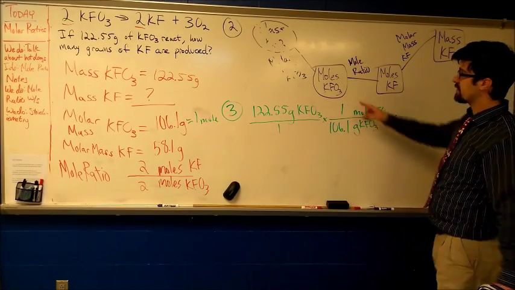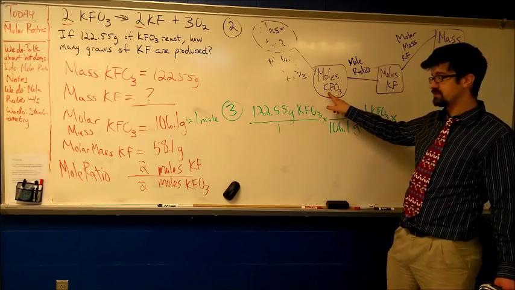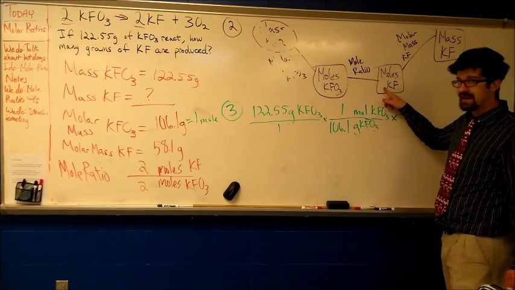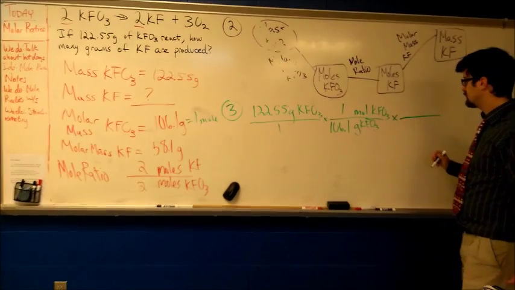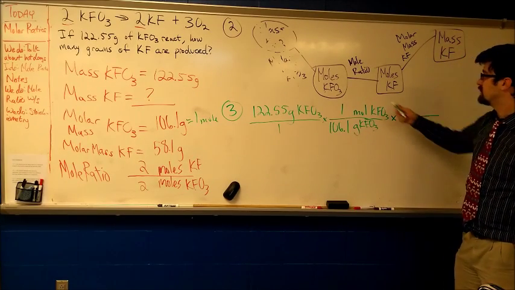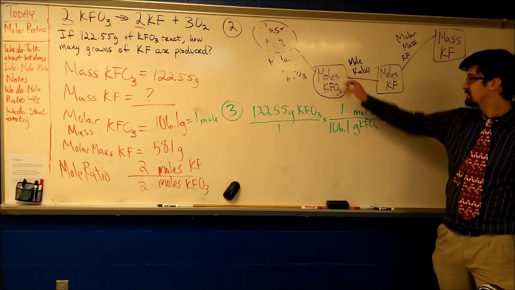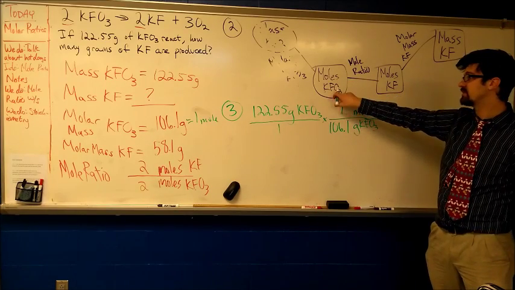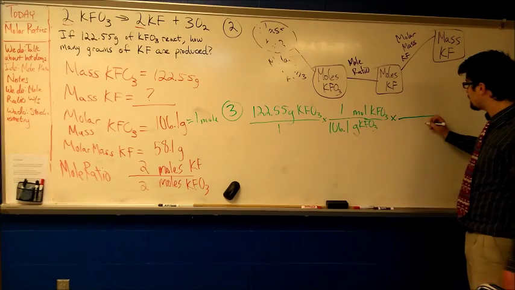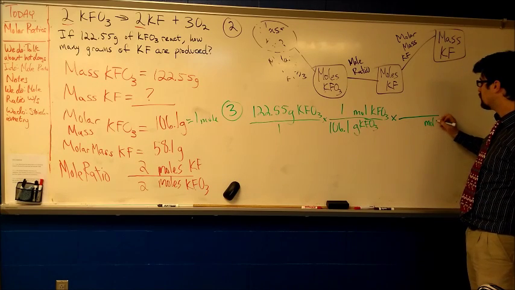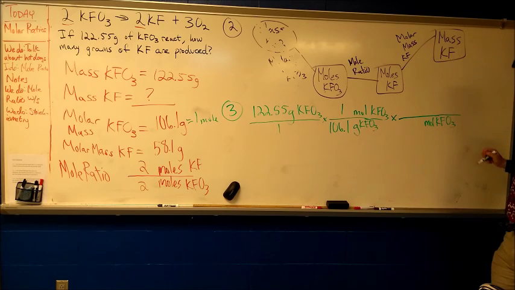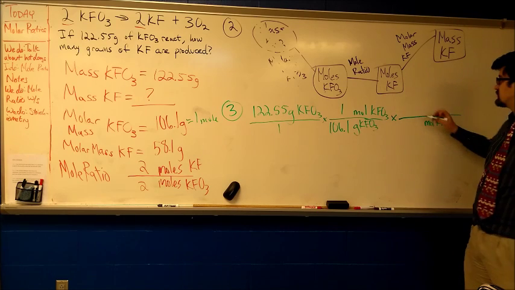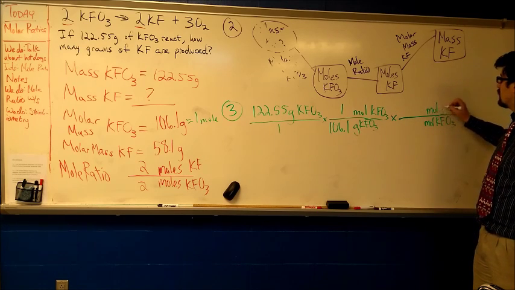Next, we have to go from moles of KFO3 to moles of KF. So we'll do another conversion. We've now moved to moles of KFO3, so we're going to put that on the bottom. That's where we're at now. Moles of KFO3. Hopefully I don't run out of room. And we're going to moles of KF.